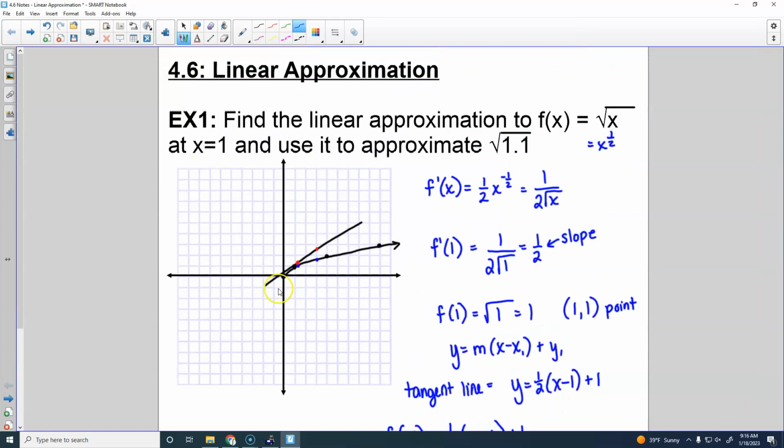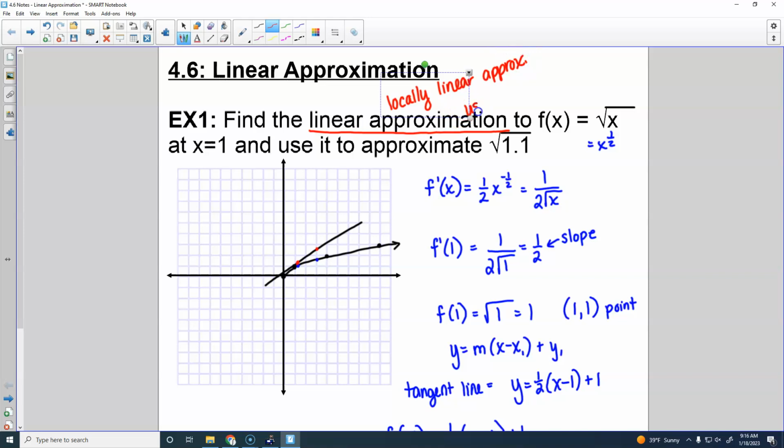So when you see the phrase linear approximation, that means to find a tangent line and use it to approximate. There's a lot of different ways that they might ask for this. It might say linear approximation. It might say locally linear approximation.